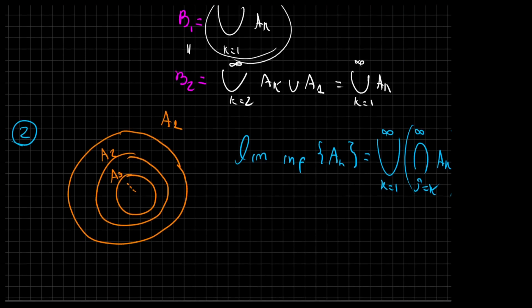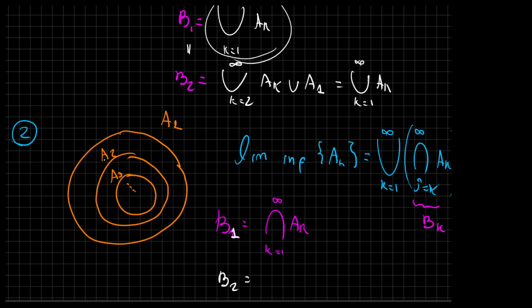So what happens when you intersect everything? Well, if you intersect everything, let's call this BK. So B1 will be the intersection of everything. What happens with B2?